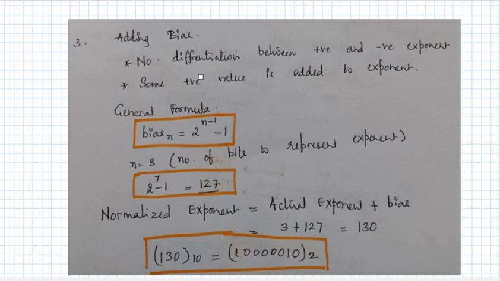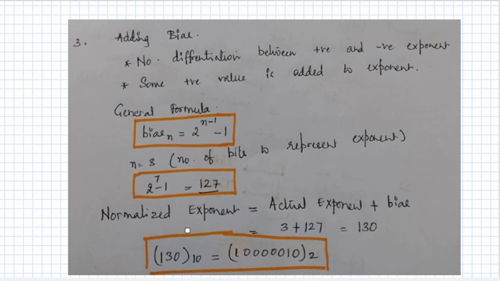The general formula for the bias, where n is how many bits I have reserved for the exponent representation, is 2 to the power of n minus 1, minus 1. This is the bias value that we add to the actual exponent. If n is equal to 8, I add 127 to the actual exponent.